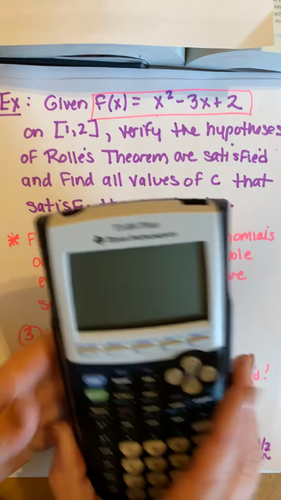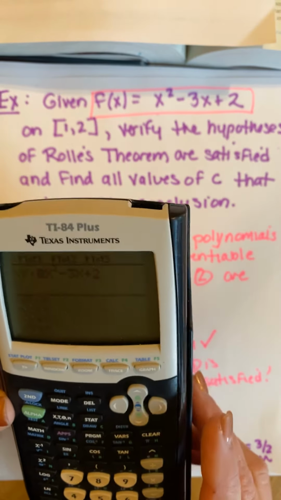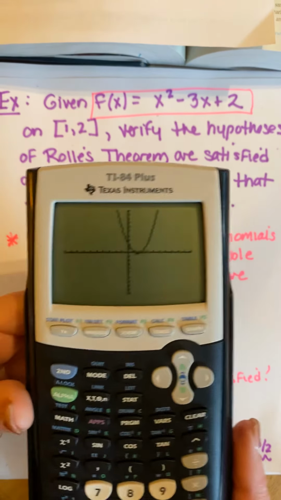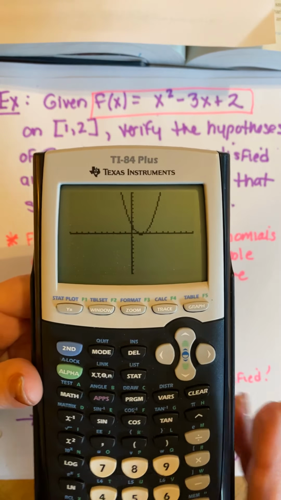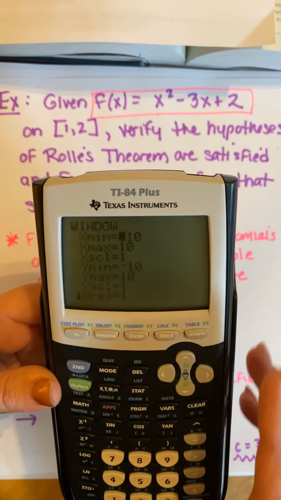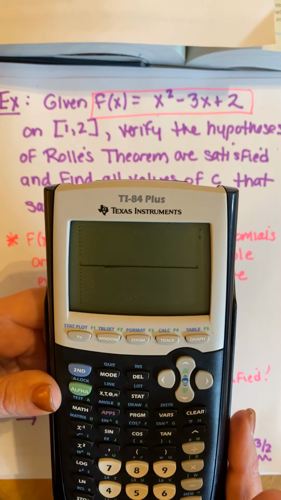So just to give you a little visual, if we graph this guy, x squared minus 3x plus 2, there it is from our regular negative 10 to 10 viewing rectangle. Where I'm looking at is only between 1 and 2. So I'm going to change this to only go from 1 to 2. When I graph it again, it's not going to be very much going on here.